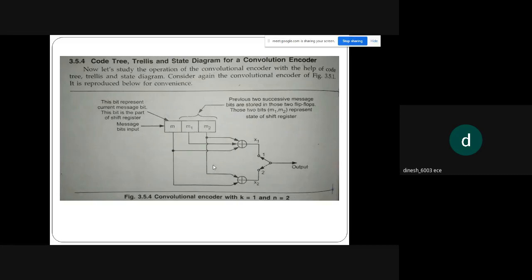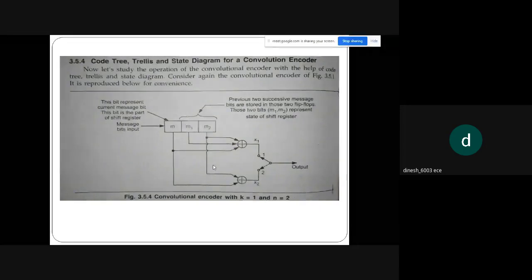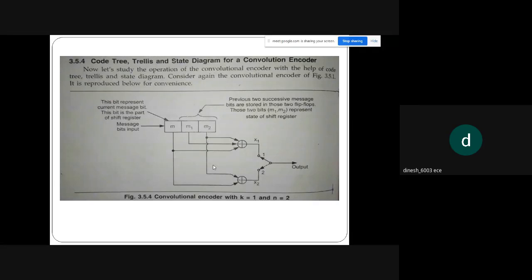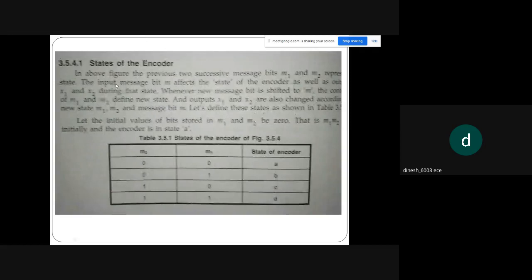Since there are two shift registers, we have a maximum of 4 possible combinations. Since we are dealing with binaries, M1 and M2 can be 00, 01, 10 or 11. So totally there will be 4 states. These 4 states we are going to draw in terms of a state diagram. That is what we call the states of the encoder.